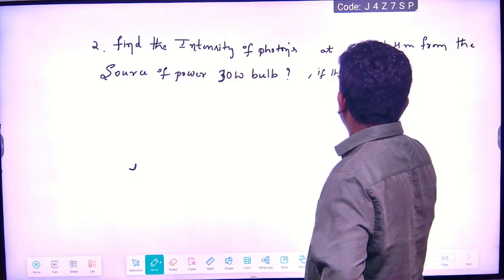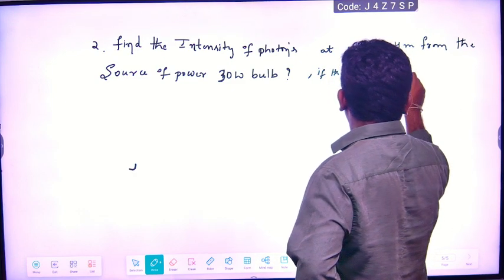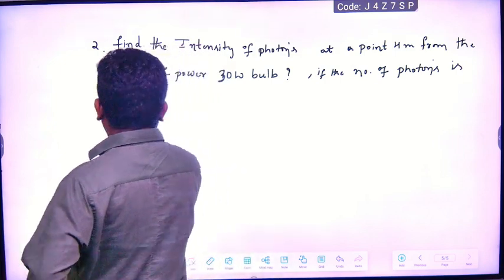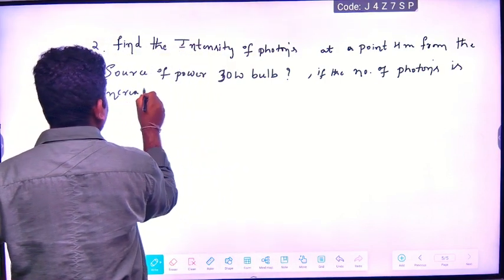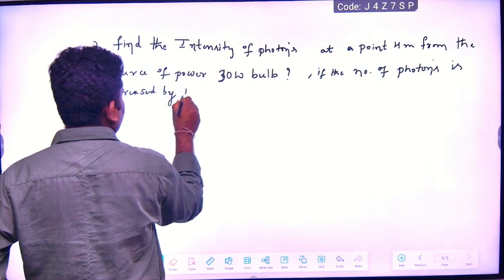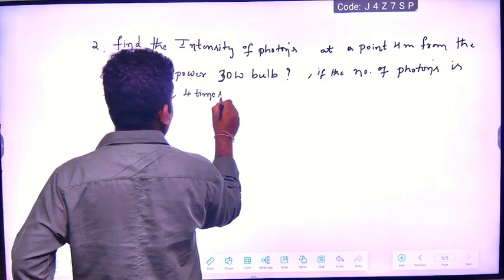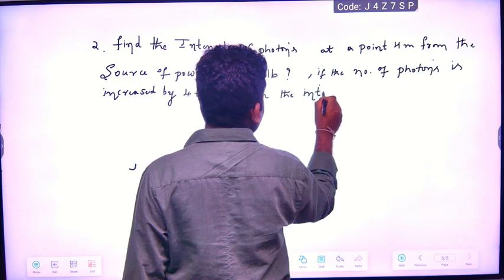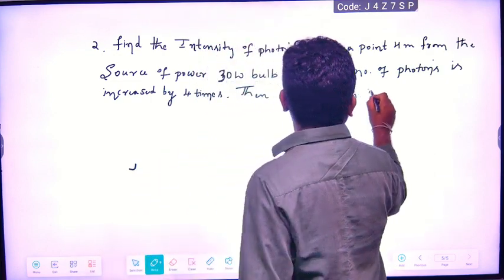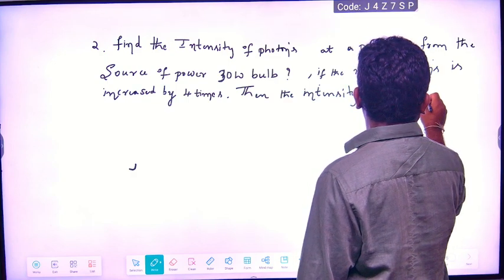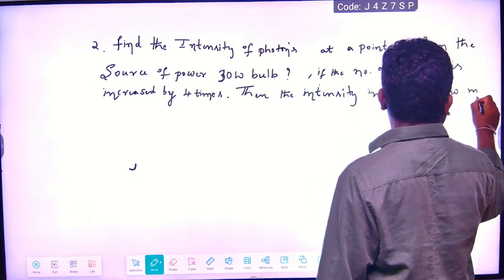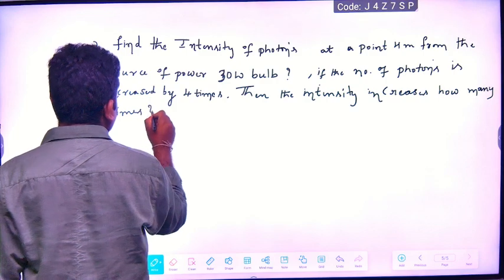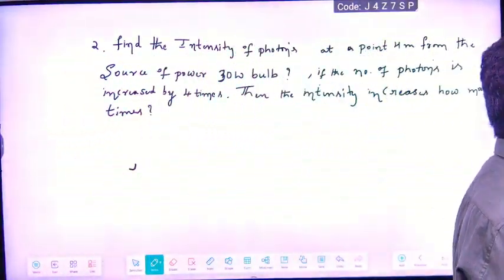If the number of photons is increased by 4 times, then the intensity increases how many times? Please read. We should do fast.